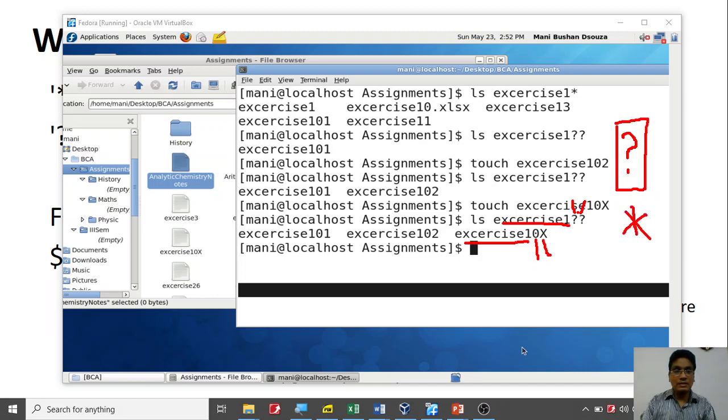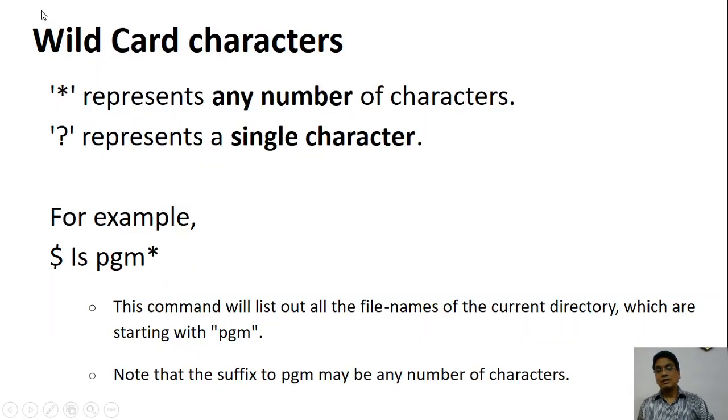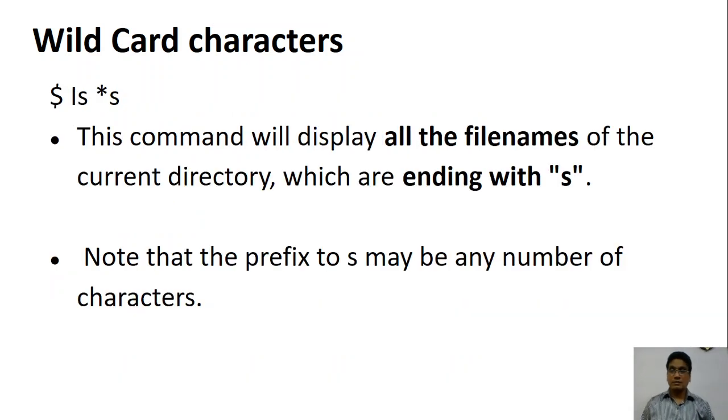Star means either 0 or any number of characters can come. Either nothing is there or you may have many characters coming in. Question mark means one and only one. So these two are the wildcard characters which you can always use for searching the content.